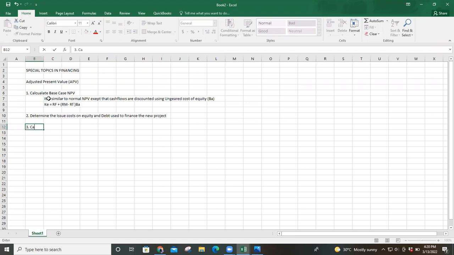Then step number 3, calculate the present value of the interest tax shield.